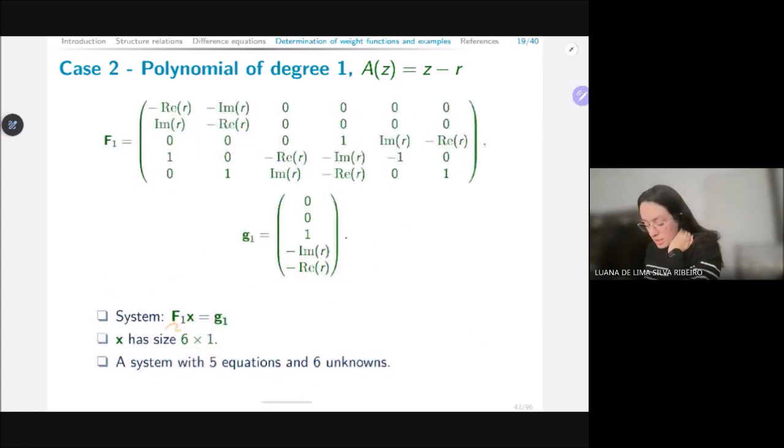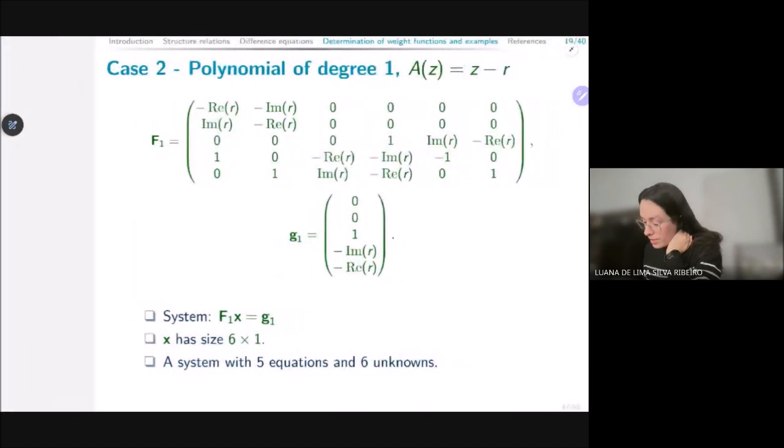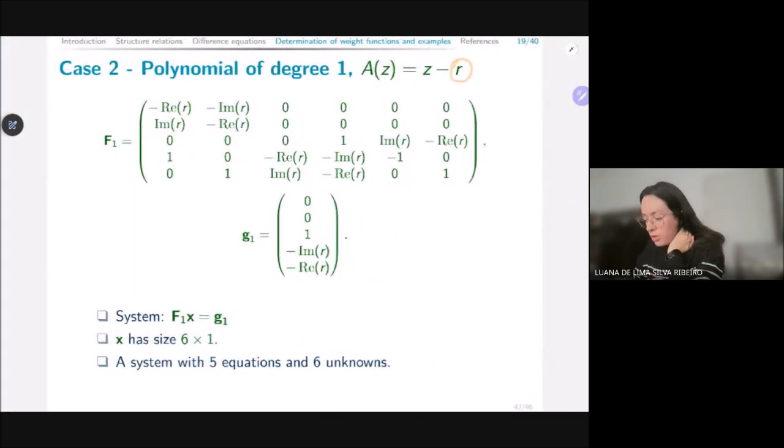So this means that this vector x must satisfy this system. We have here a system with 5 equations and 6 unknowns. And our analysis must depend on the matrix here, F1 and D1, which depend on R. R is here, the 0 of the polynomial A.